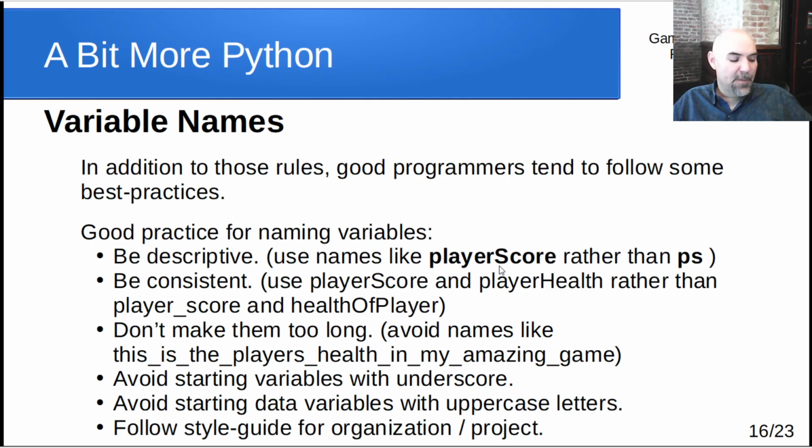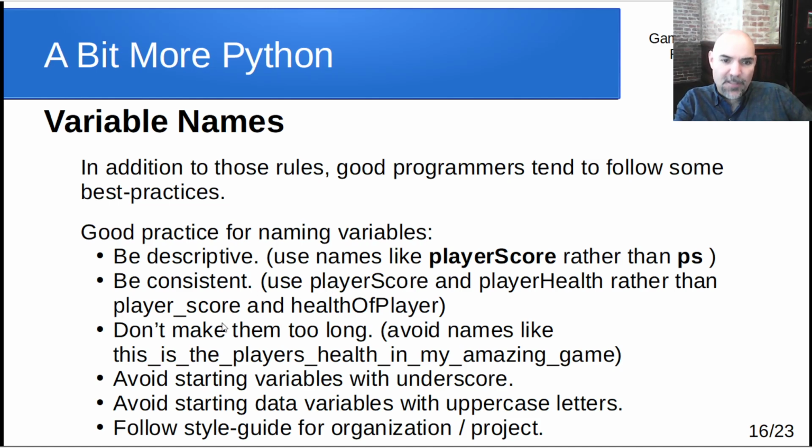If you're programming as part of a team or a company that's doing programming for some project, I would suggest following the style guide for that organization. Most organizations, like Google or Microsoft or Bethesda, will have a style guide for whatever language you're working on, saying, do I use an underscore for player_health or do I use playerScore camel case?